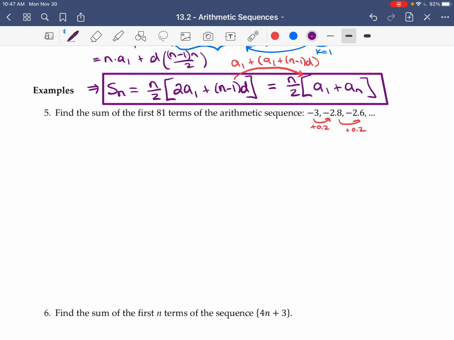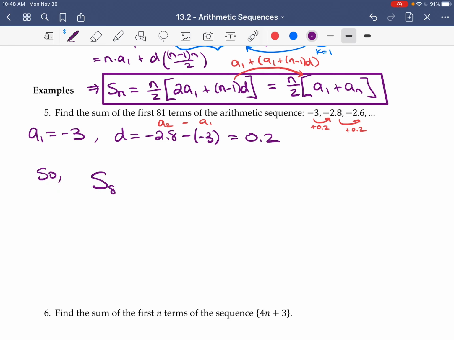We know that A1 is -3, and if you want to actually compute the D, you just take the second term minus the first term, so A2 minus A1. -2.8 plus 3 is 0.2. So that's our D.